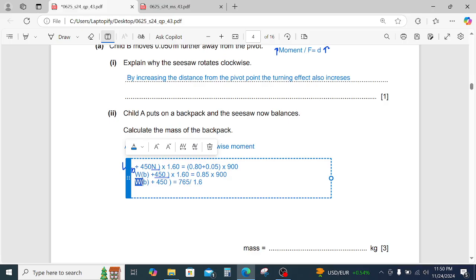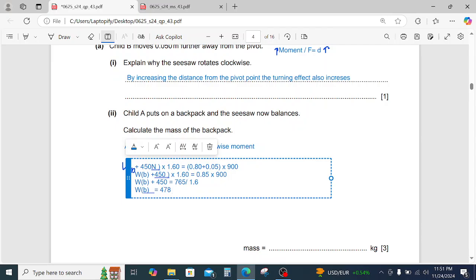Now what will happen here? Okay, 450 will be minus on the right hand side. When you divide 765 by 1.6, you will get 478.